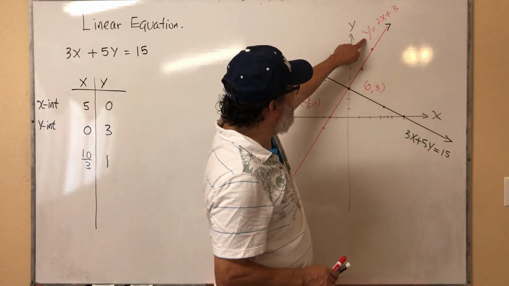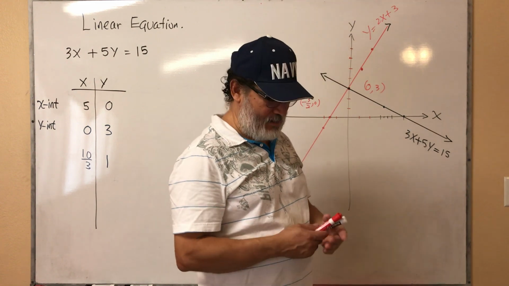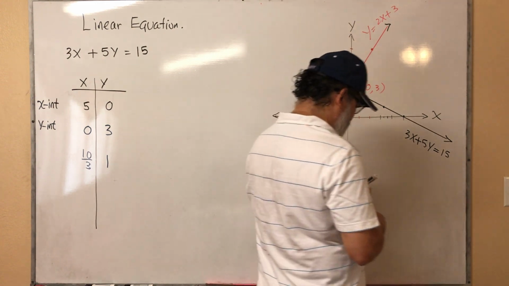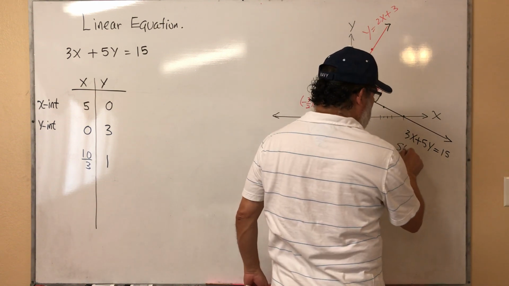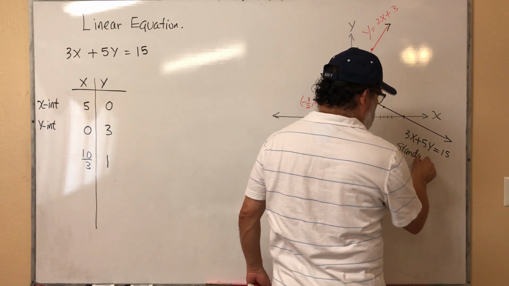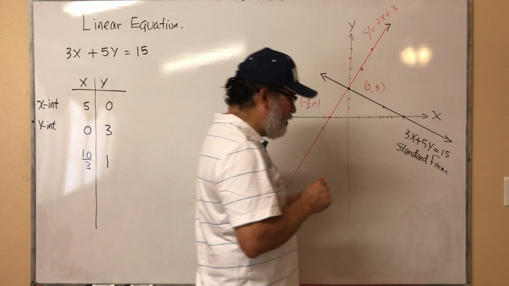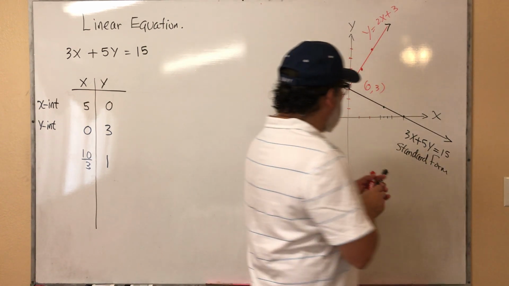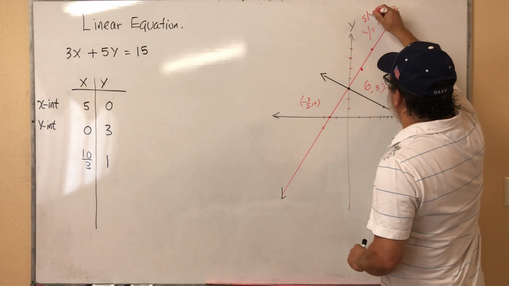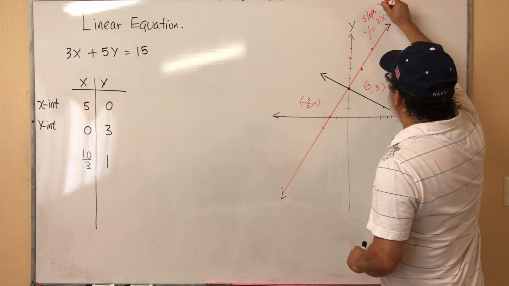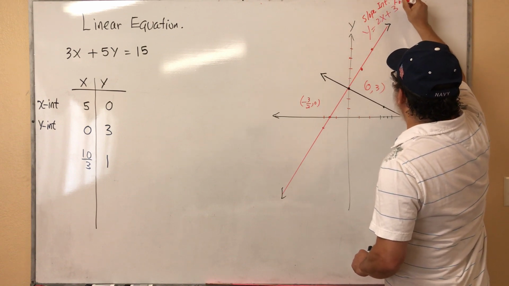And what do they call this one? They call this the slope-intercept form. This equation has been given in standard form. What about this one? This equation has been given in slope-intercept form.